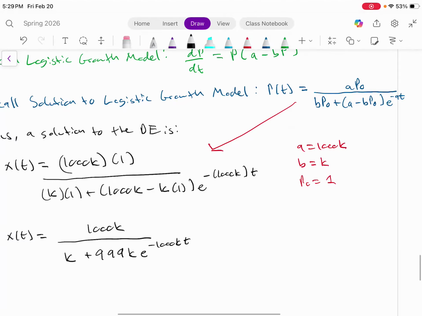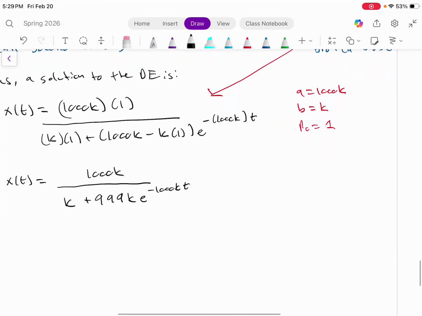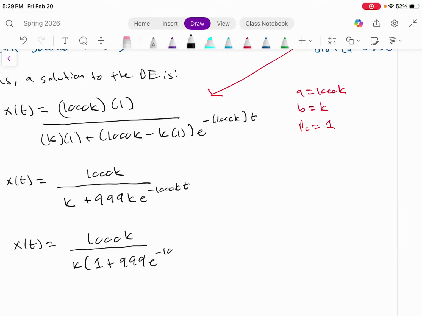And you can simplify this even further. Notice how we have K's in both terms in the denominator. So let's factor that out. We'll see why in a second. We're left with K times 1 plus 999 e to the negative 1000 kt.